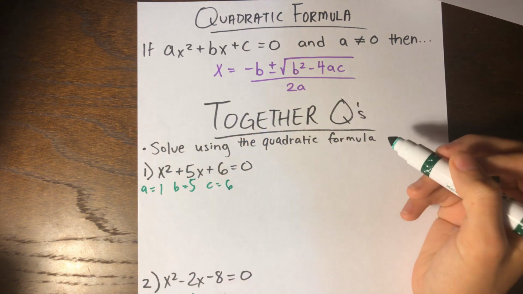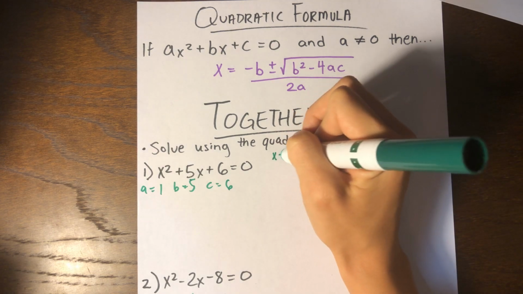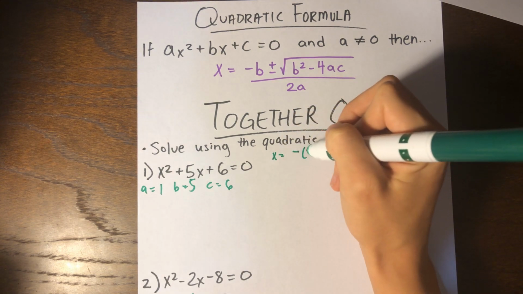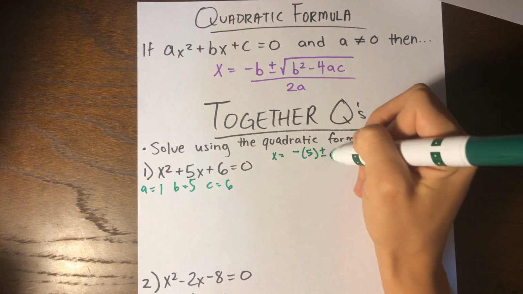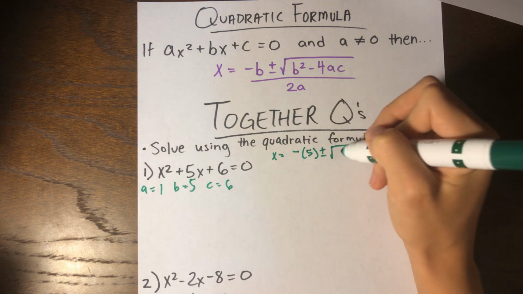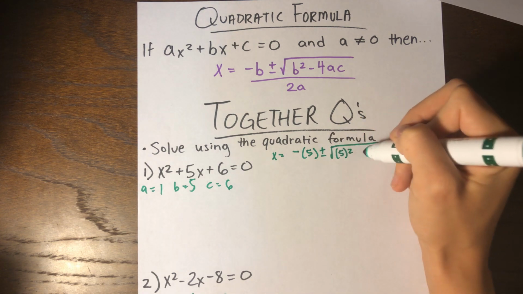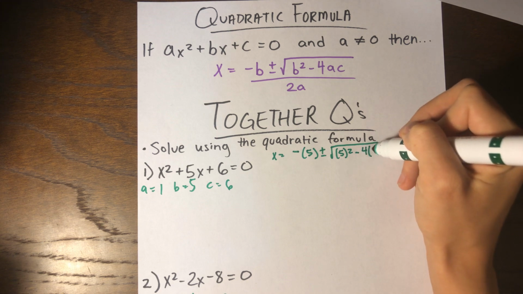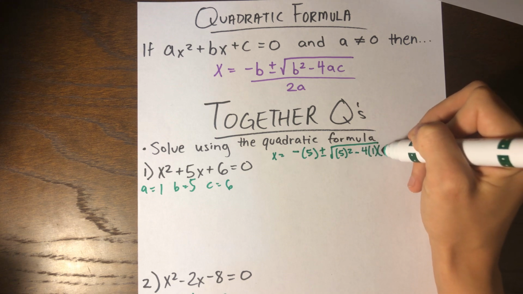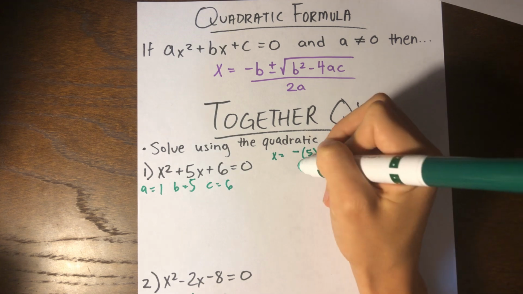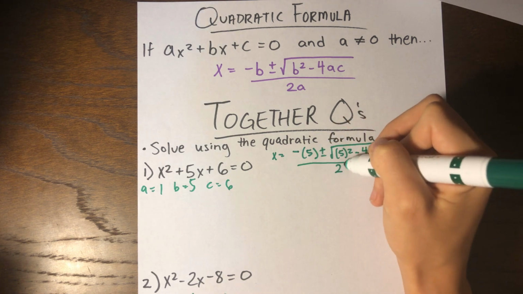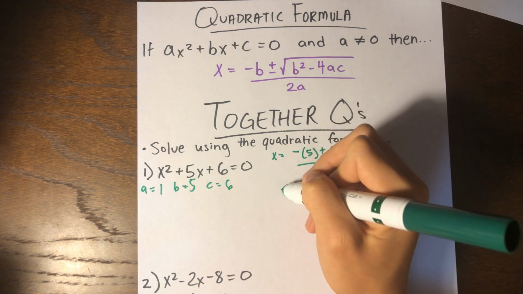Now I'm plugging it into the formula. x is equal to negative b, which is 5, plus or minus the square root of b squared, so 5 squared, minus 4 times a, which is 1, times c, which is 6, all over 2 times a, which is 1. Okay, and then we're going to be simplifying.